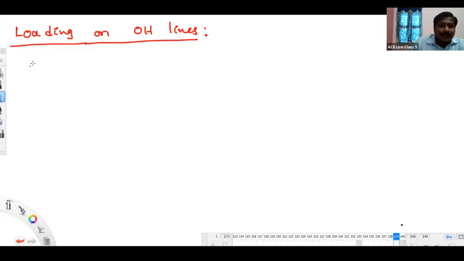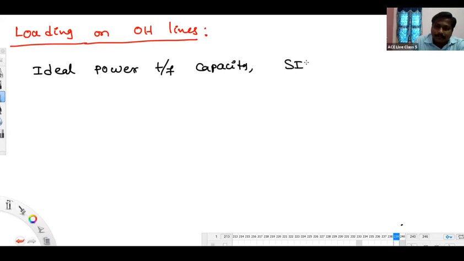Ideal power transfer capacity, nothing but SIL only, which is mod V square by ZC.